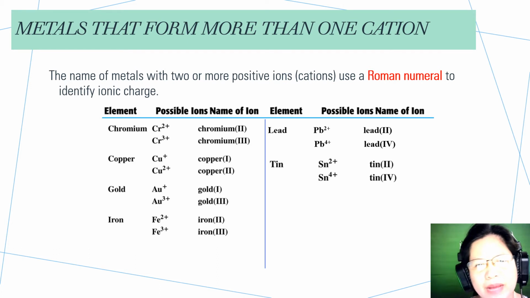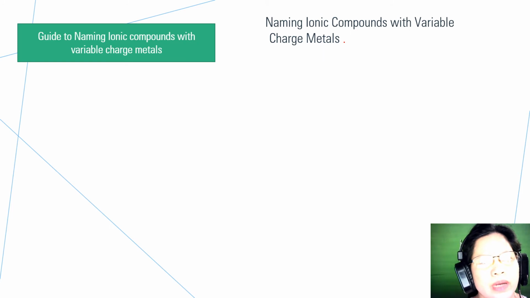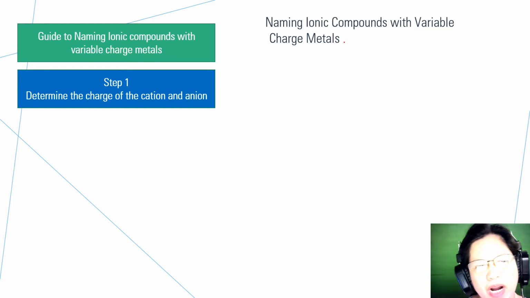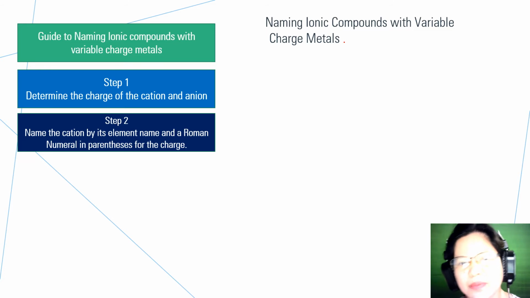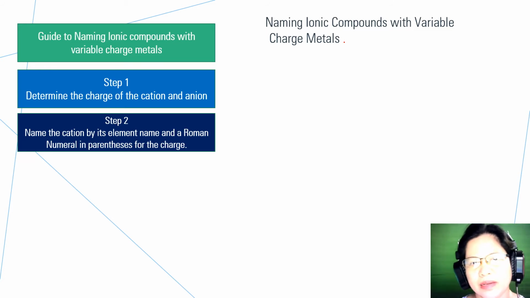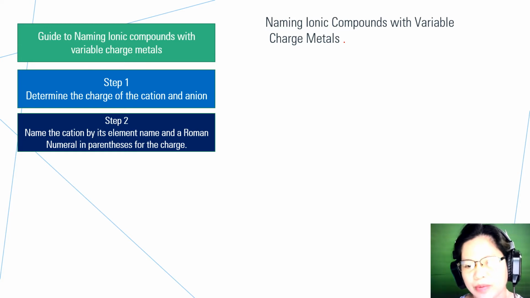Okay, let's have an example. What would be the steps? The first step, determine the charge of the cation and the anion. Okay, parang same with the steps in writing the charges of what we have in the ionic.